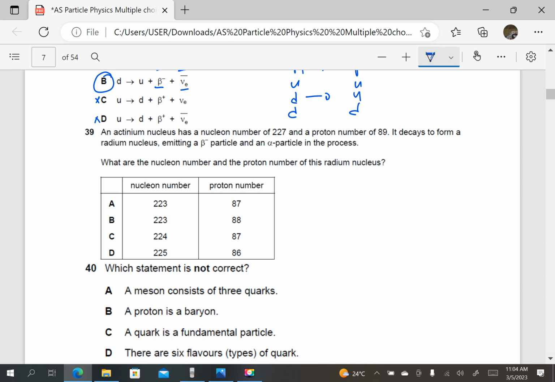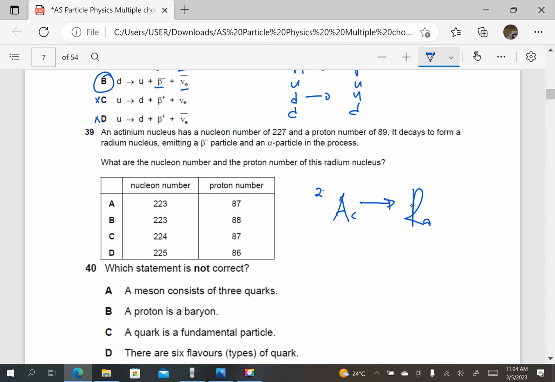So it has nucleon number 227 and proton number 89. It decays to form a radium nucleus. I don't know how they write the symbols, but that is for chemistry. For us, we just want to balance.